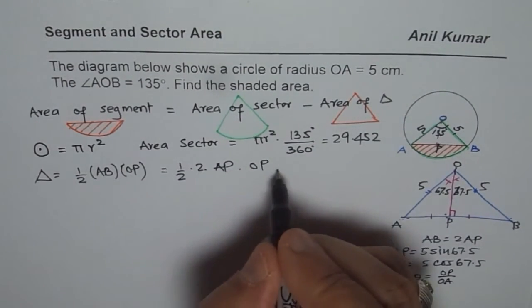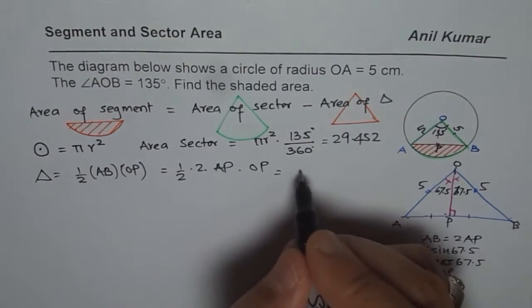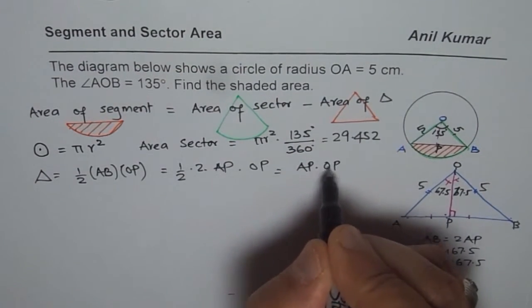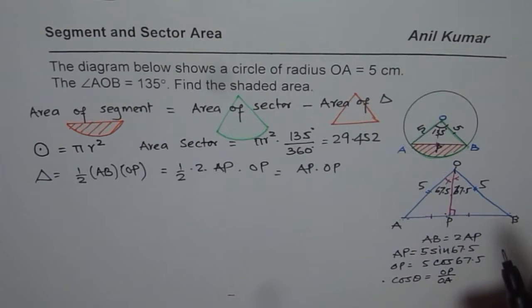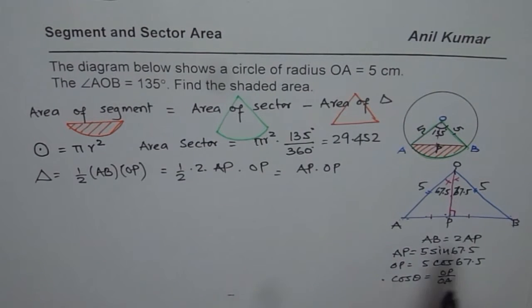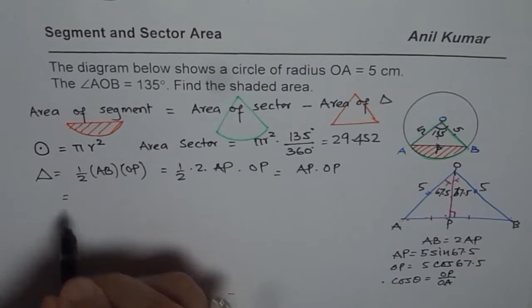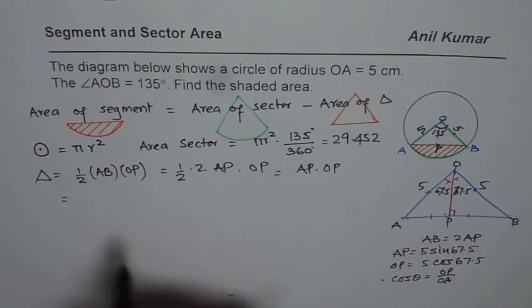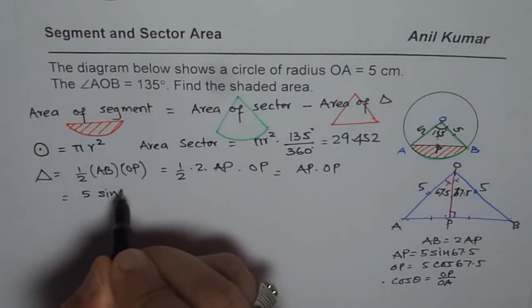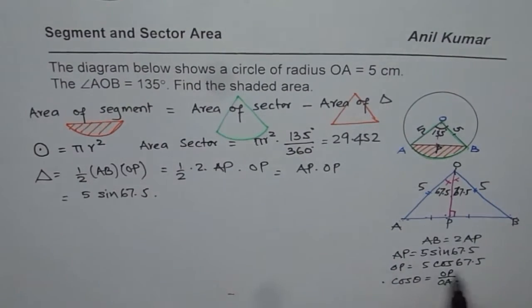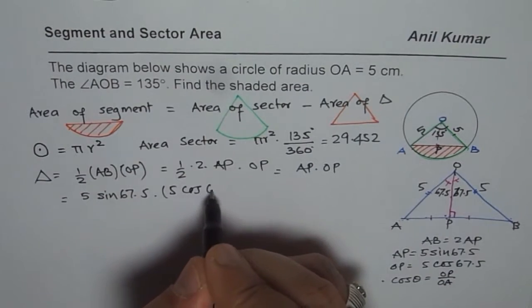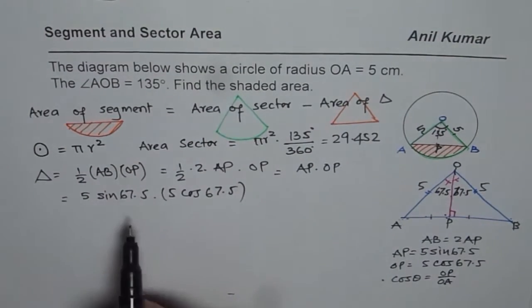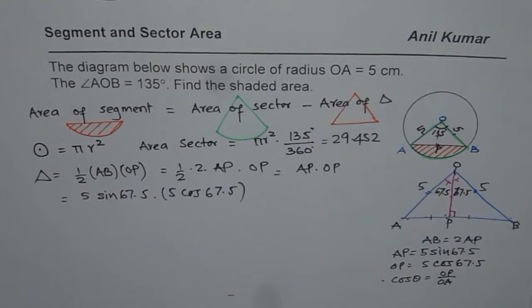So 2 and 2 cancel, so it is AP times OP, the product of these two sides. AP is 5 sine of 67.5 and OP is 5 cos 67.5.